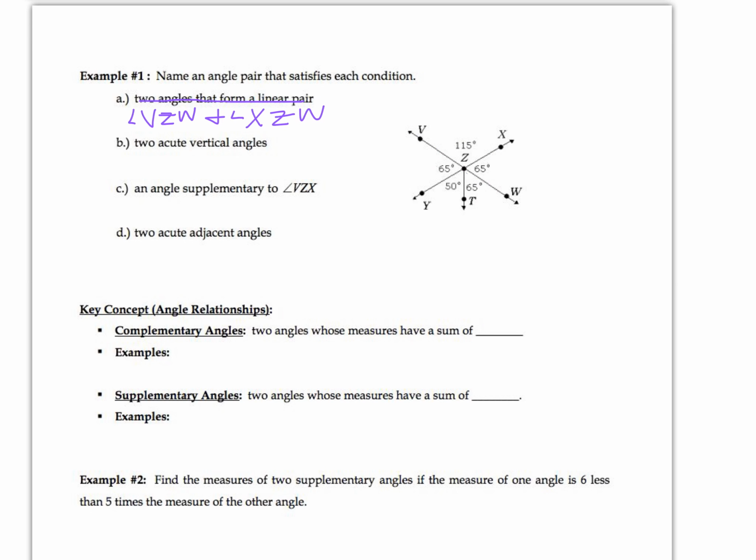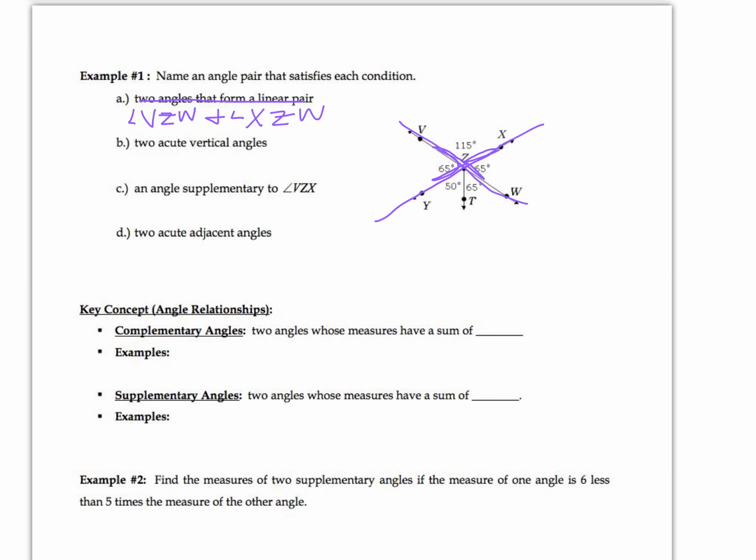All right, now we're looking for two acute vertical angles. So I can see that this line, which is terribly outlined here, is crossing straight through this line. They're intersecting at Z. So since they intersect at Z, they kind of make that X. I can assume that this 65-degree angle is a vertical angle with this 65-degree angle because Z is that common intersection.